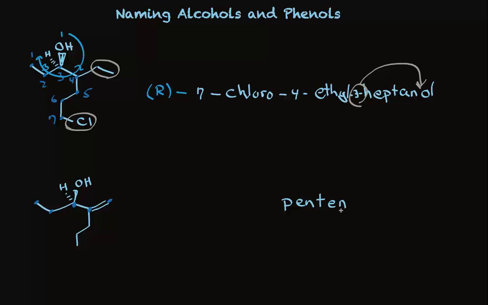And we've taken the E and changed it to an OL for the alcohol. And I've left the space because we're going to have to put the number designator for the alcohol right in front of the OL in this case. And so our next step is to name the substituents, and we have one. This is the N-propyl group.